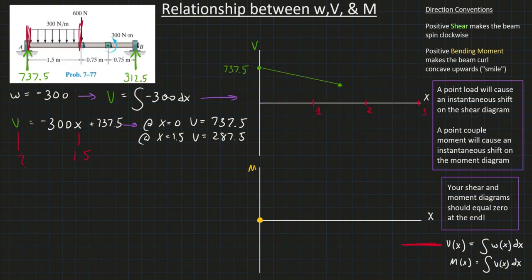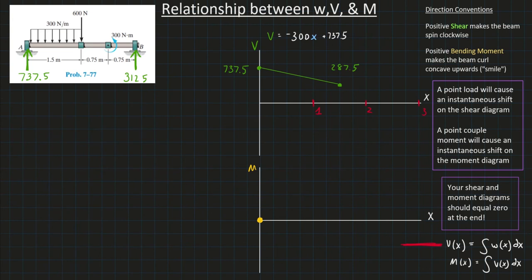And of course, we'll have a line in between the two. So here's all my complete shear information here. Now I could take the antiderivative of this and figure out my bending moment from 0 to 1.5, but I'll just keep going with the shear.